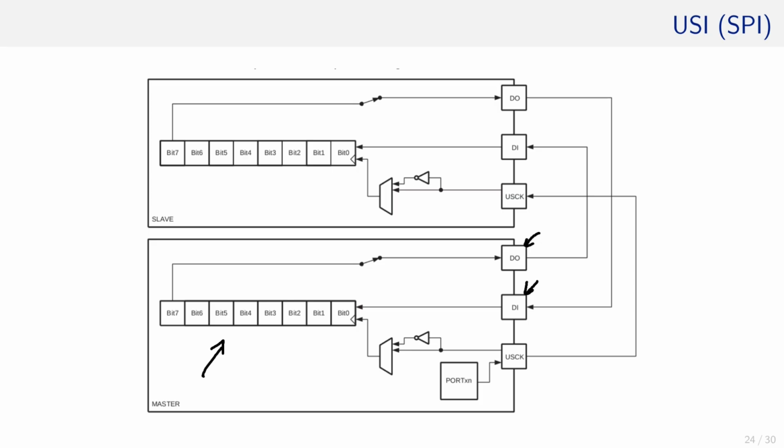Depending on the SPI mode, of which there are 4, and which indicates at what clock edge the data is sampled and shifted, either the direct value of USCK is selected or the one through the inverter. Here, port XN indicates that the clocking of the SCK line is achieved in software by manually toggling the port B2 pin. Alternatively, the compare unit of timer 0 can be used for that purpose.